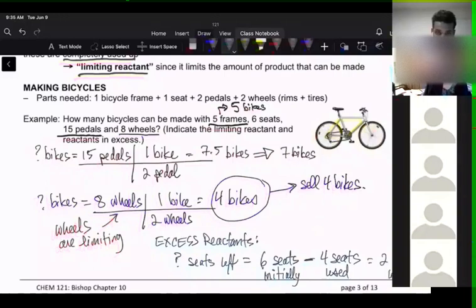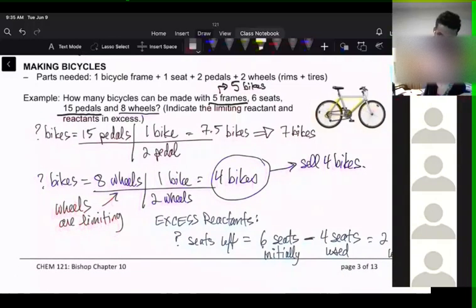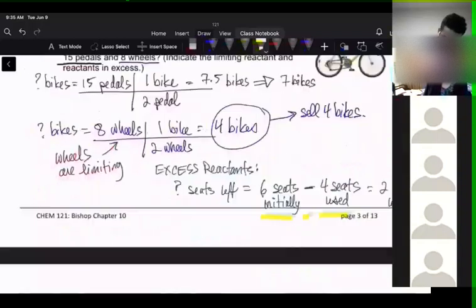So we have to calculate how many seats got used. With bicycles and these numbers, it's pretty easy. But when we start looking at chemicals, that's a whole other mass-to-mass calculation. The other thing that's really important to notice is that subtraction, right? We start with what we had originally and we subtract what got used. So let's do a couple problems like this with some chemicals.